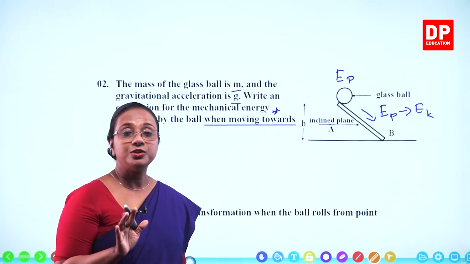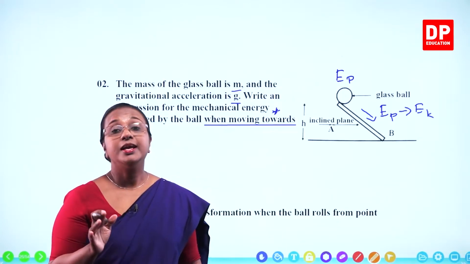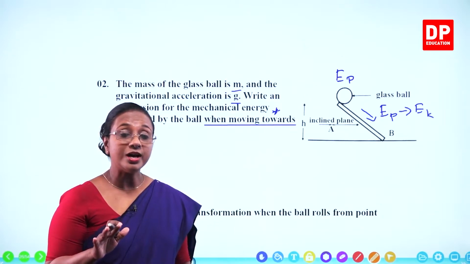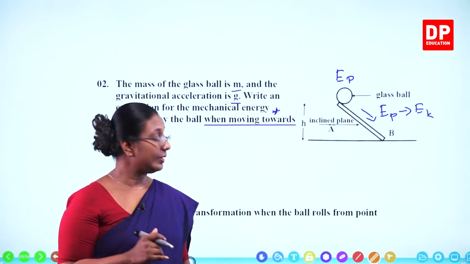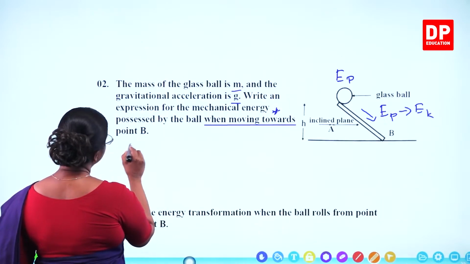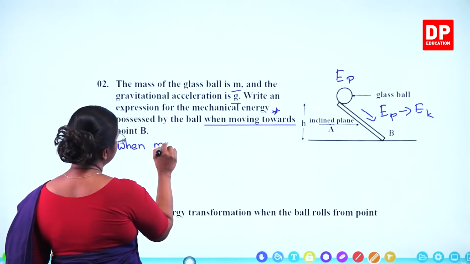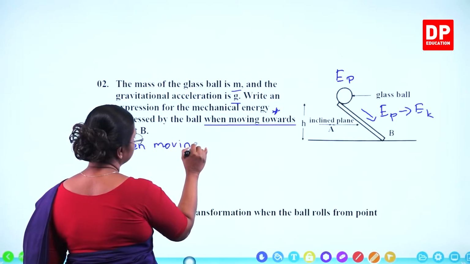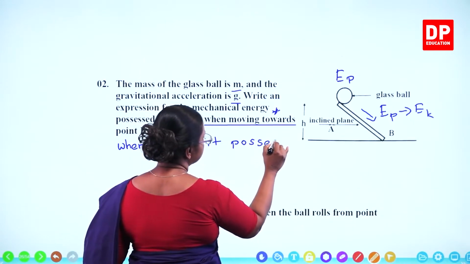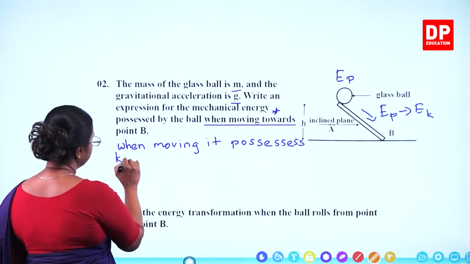So what is going to be the energy when the ball is moving down? It is the kinetic energy. Kinetic energy is what? Half mv squared. So here we can say when moving, it possesses kinetic energy.